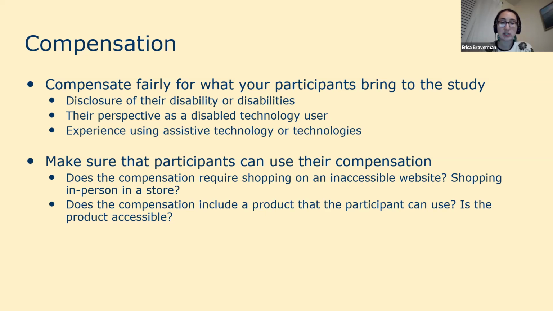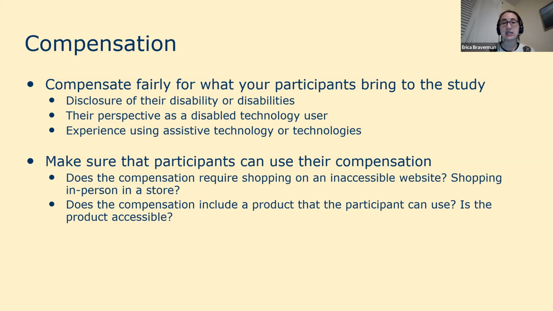And for participants who might have encountered disability-related discrimination or ableism, this can be kind of an ask. You're asking their perspective and input as a disabled tech user. And then you're also relying on their experience using assistive technology, which can take years to master.